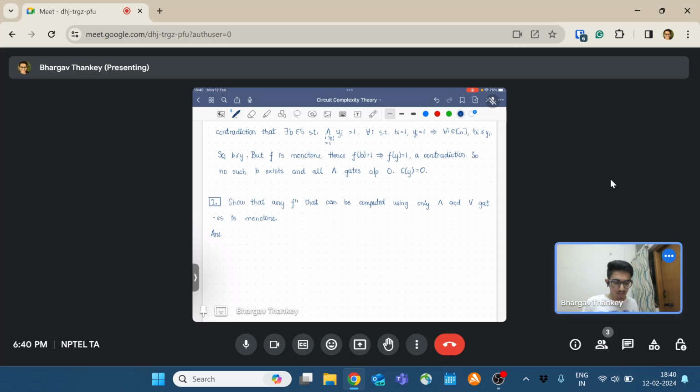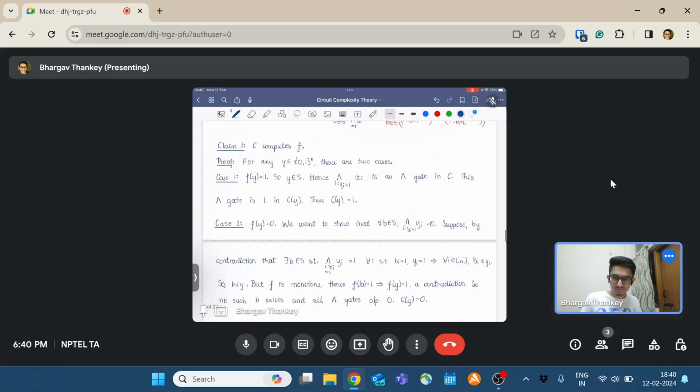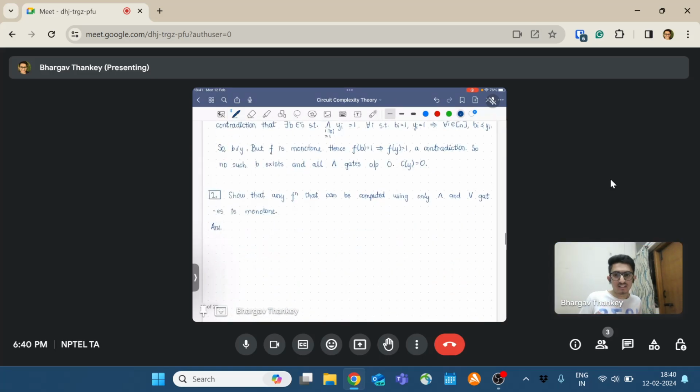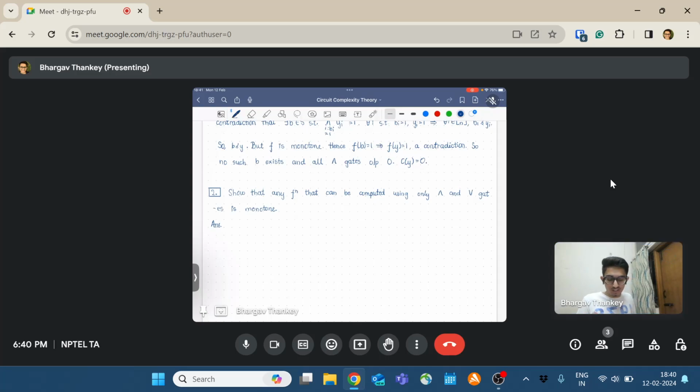Would you try to come up with some argument about how to show this? If you remember at the beginning of the first question, you gave some argument: the gates themselves are monotone. So any circuit using those gates would also be monotone.